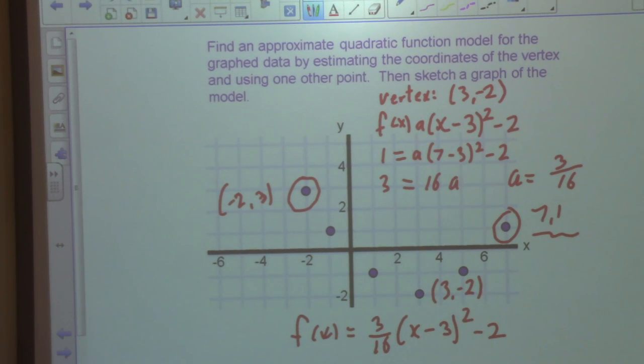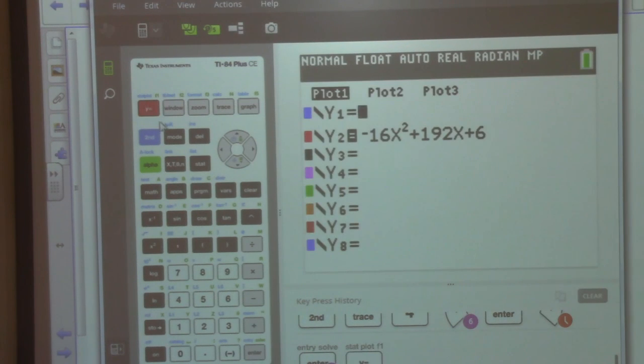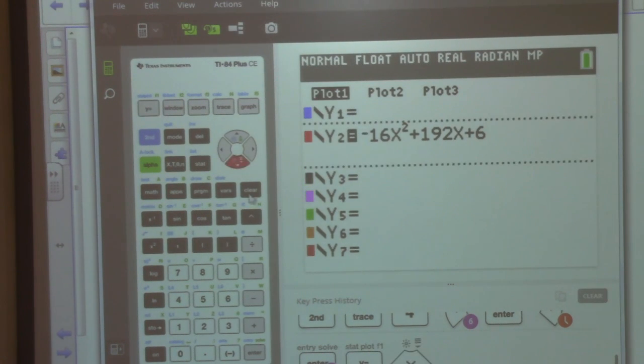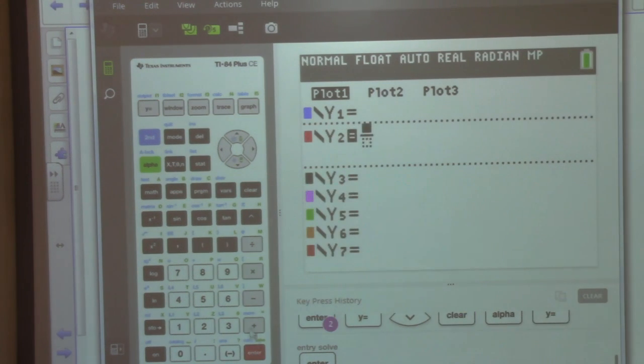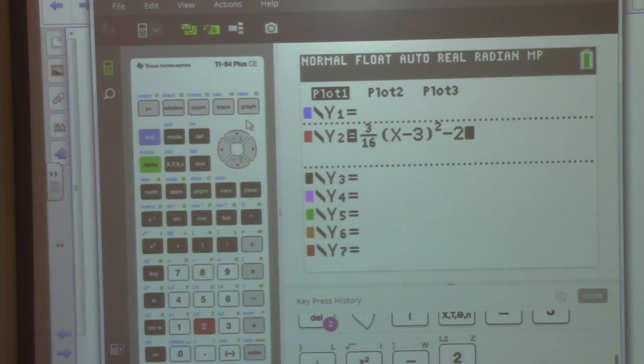And so now we graph this in the calculator. We get 3/16 times x minus 3 squared minus 2, and then we graph.